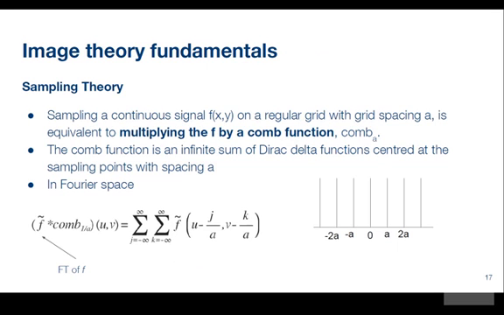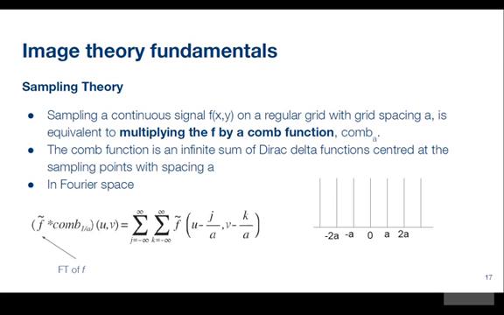But we do need to think about this sampling, and there's a theory around it. So we've got this continuous signal, and we're trying to represent it with a discrete grid, effectively. That's effectively the same as multiplying this continuous function by what we call a comb function.